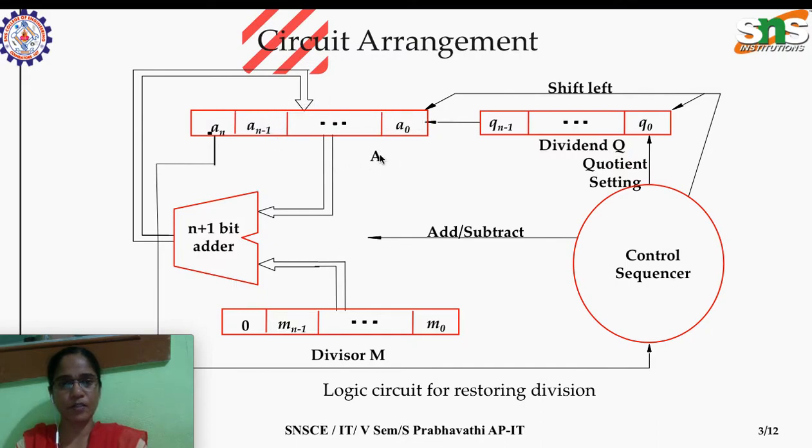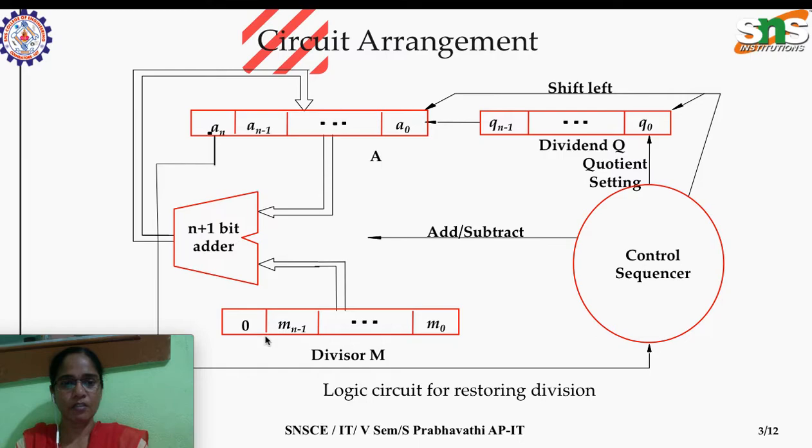This is an accumulator register. Initially everything will be initialized to all zeros, and in the Q register we will have the dividend. In the M register we will have the divisor, and one extra bit in the MSB to indicate the sign.